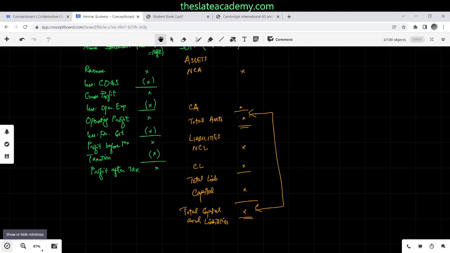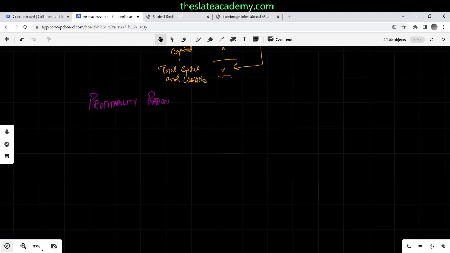We are trying to assess how profitable a business is. The first ratio that we use is what we call GP margin, gross profit margin.